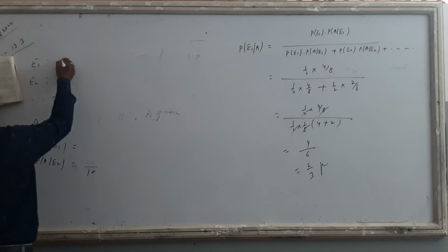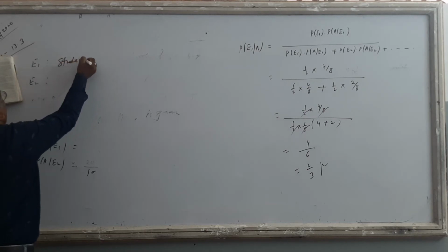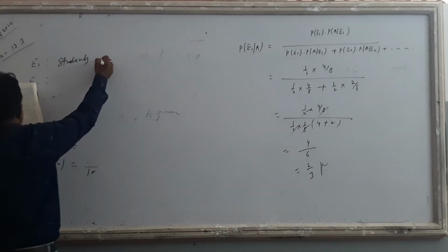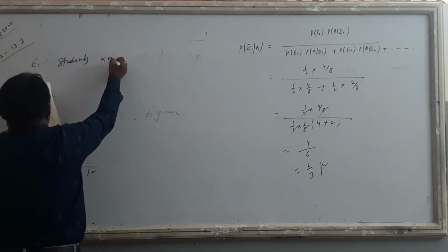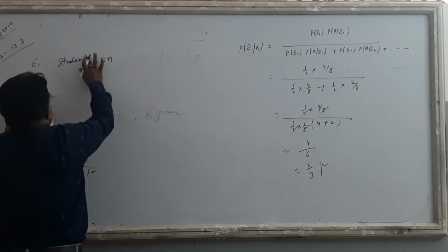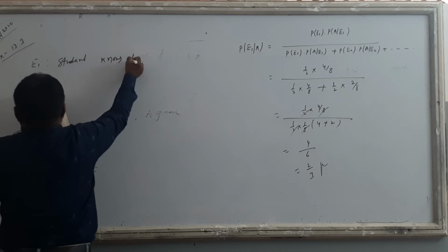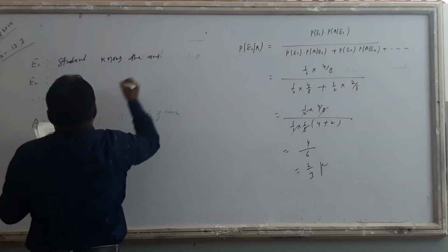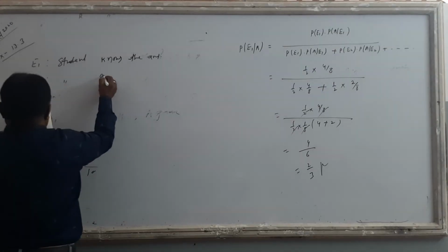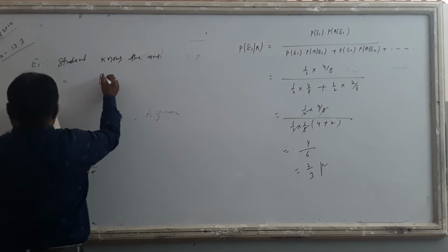First thing, E1 is the student knows the answer, and E2 is the student guesses the answer.